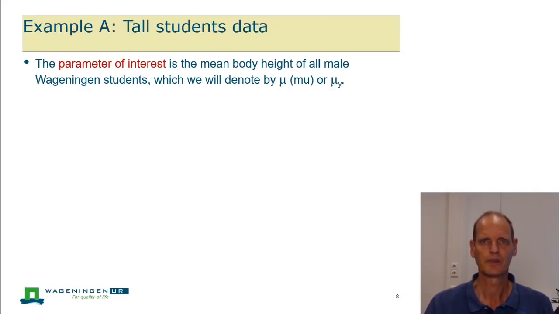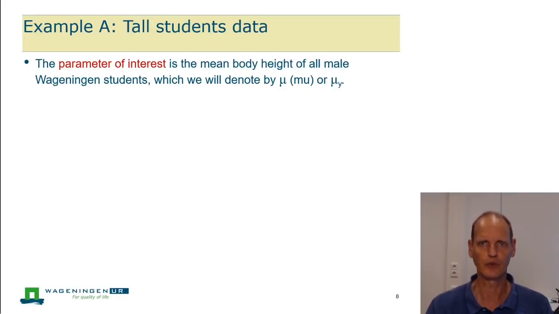Another important term is the parameter of interest. The parameter of interest is what you would like to know, what you want to draw a conclusion about. And in this case, it is the mean body height of all male Wageningen students. Usually we denote the parameter of interest by a Greek letter.